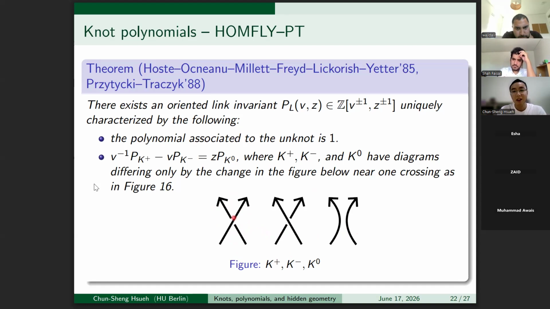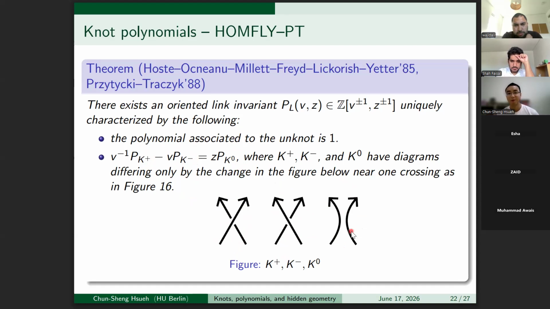The polynomials that you associate with these three diagrams are related by this relation. The polynomial of the diagram where you have one crossing like this is related to the polynomial where you changed one crossing, and also to the one where you resolved the crossing.